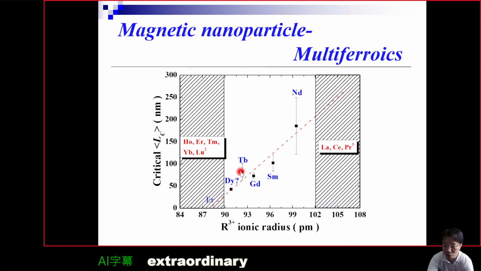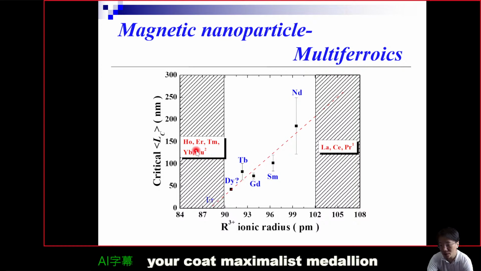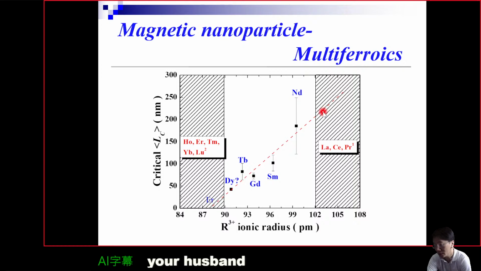So we need to go to the high atomic number elements, such as holmium, erbium, ruthenium, something like that. You don't want to look for the low atomic number elements such as lanthanum, cerium, and praseodymium. Okay, at least this gives us an idea where to look for a good type 2 multiferroic.